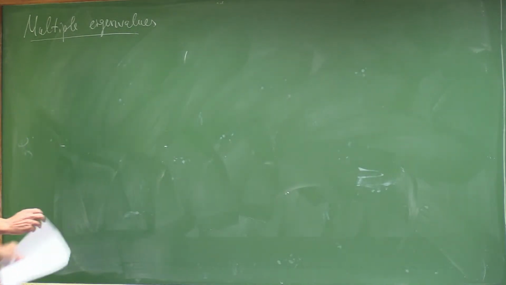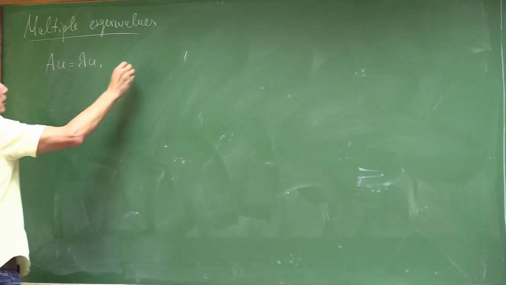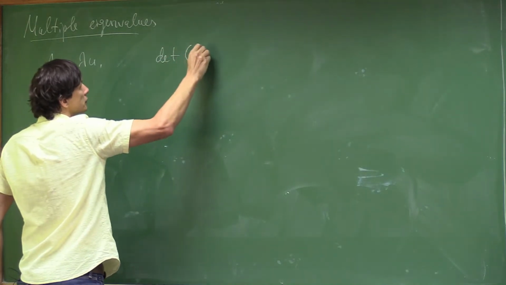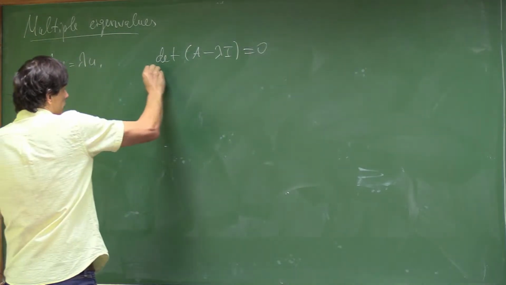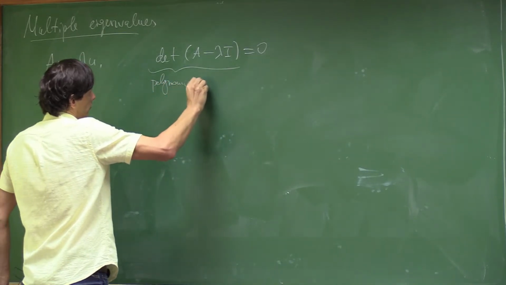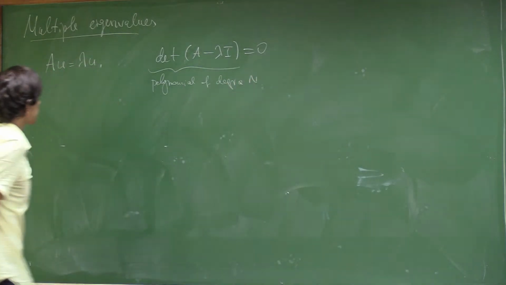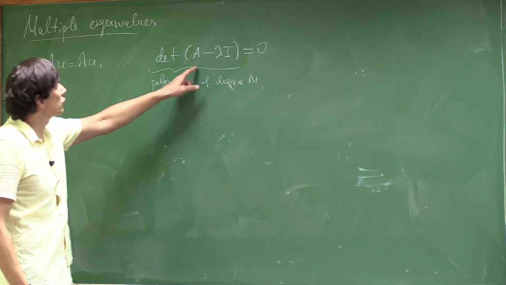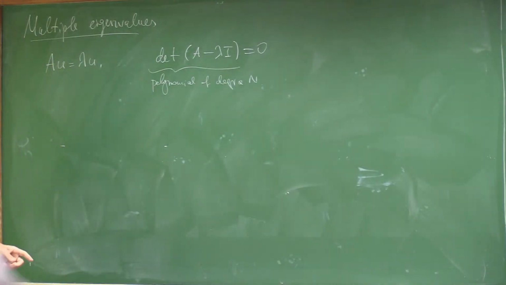So first of all, what is it? We have an eigenvalue problem, and associated to this eigenvalue problem we have the characteristic equation, which defines the eigenvalues. This is just a polynomial of degree n. So what does it mean that an eigenvalue is multiple? It means that when you factorize this polynomial, it appears as a root several times.